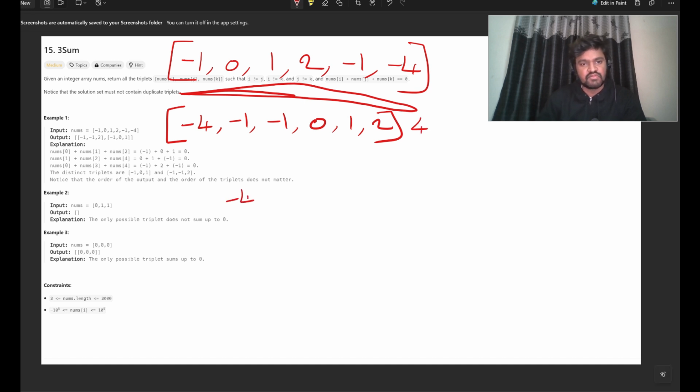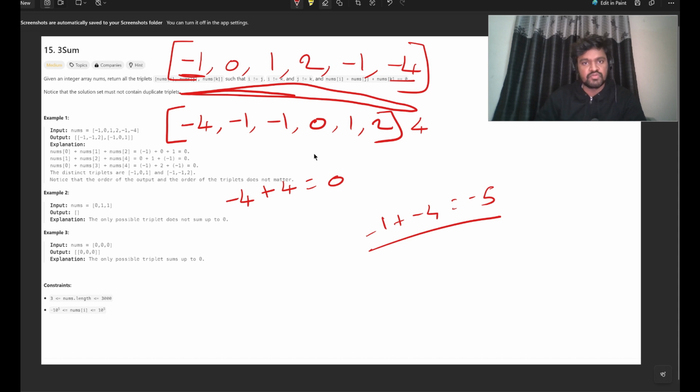When you sum this -4 plus 4, it's 0, correct? If you do the same thing with the unsorted array, here you have minus 1, right? Minus 1 and you have minus 4, it would be minus 5. So it's wrong. It doesn't neutralize that, right?